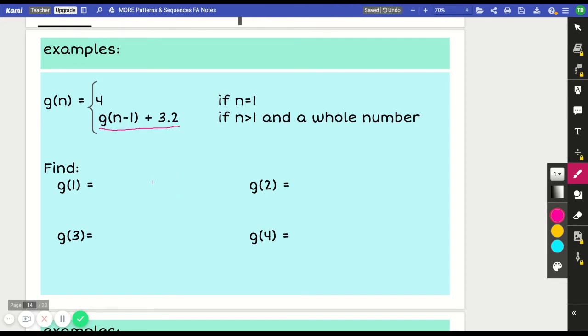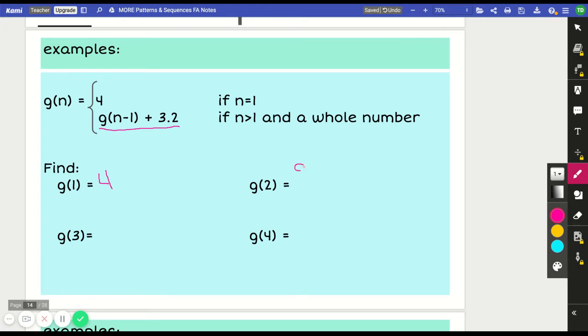So let's look at finding 4 of these terms. g of 1. So that means n is equal to 1, which means it's equal to 4. That one's pretty simple. Now we find g of 2. So when n is 2, that's greater than 1, I'm going to use this equation.